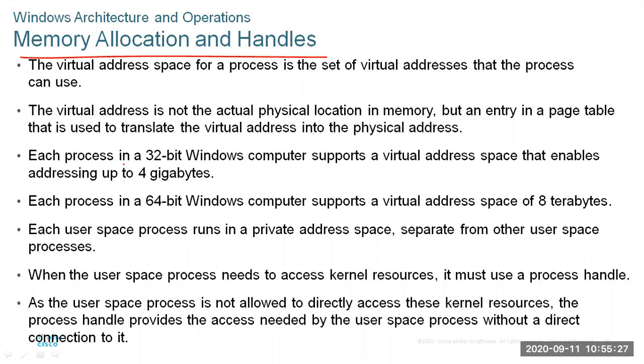So each process in a 32-bit Windows operating system supports a virtual address space that enables address of up to 4 gigabytes. So each process in the 64 bits takes up to what? 8 terabytes. So each user space runs in a private address space separate from other user space.